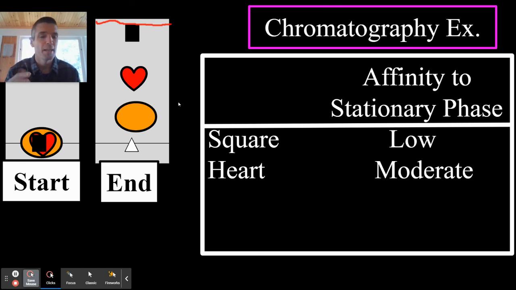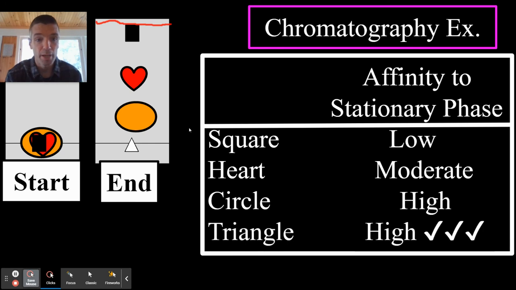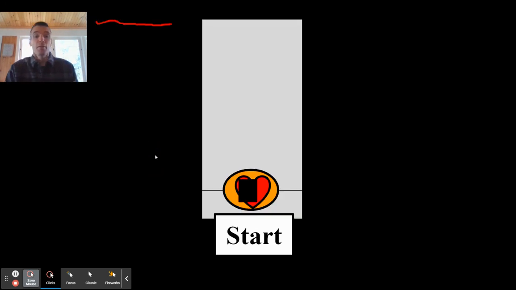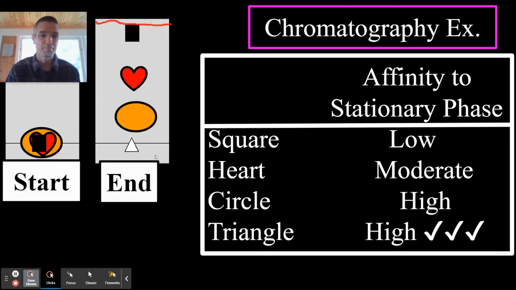And it's a mixture between the two. It's a lack of affinity to one or a drawing to the other. There's a bit of grayness with all of this in combination with each other. And the triangle you could say had a really high affinity. So that's what that means in terms of the affinities of the various components that you're trying to separate to the stationary phase.